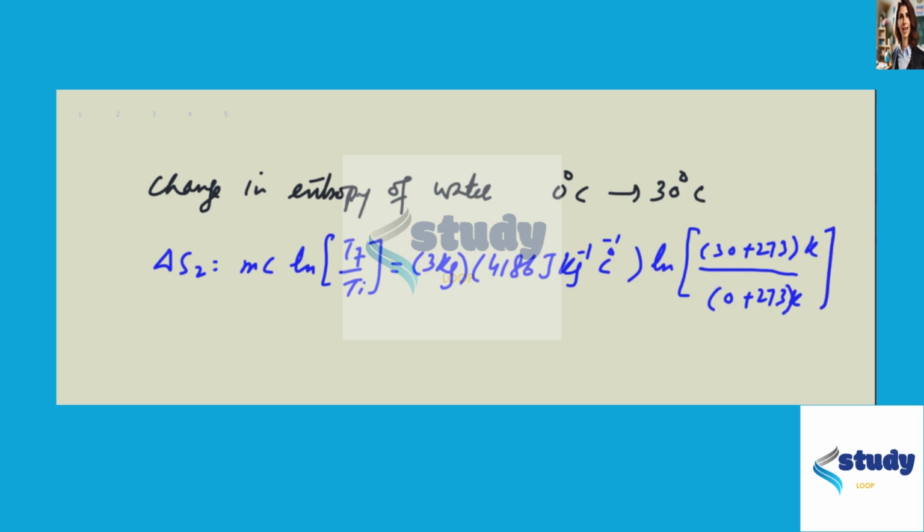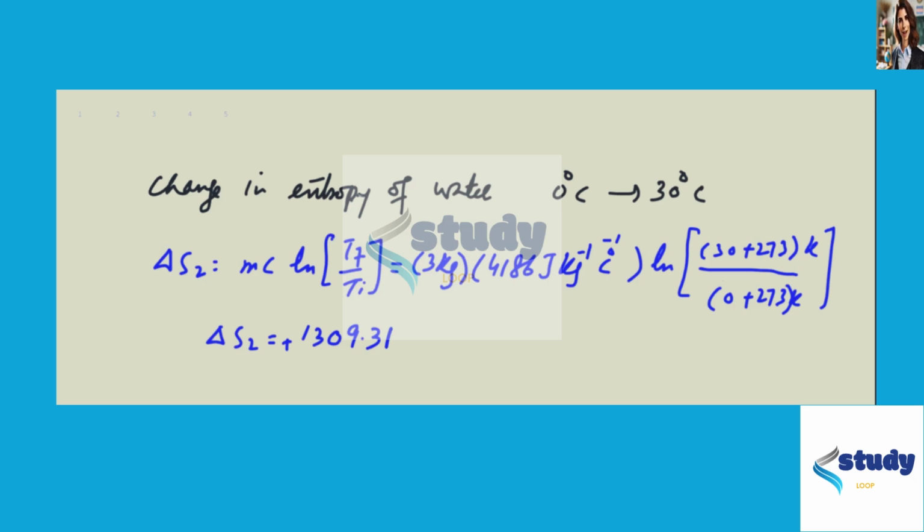So this gives us change in entropy equal to 1309.31. So here the change in entropy is positive. This shows that the entropy of water increases when it warms from 0 degrees Celsius to 30 degree Celsius.